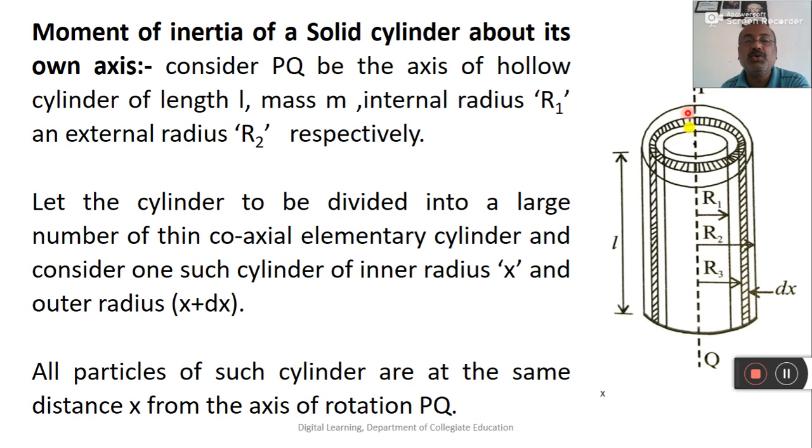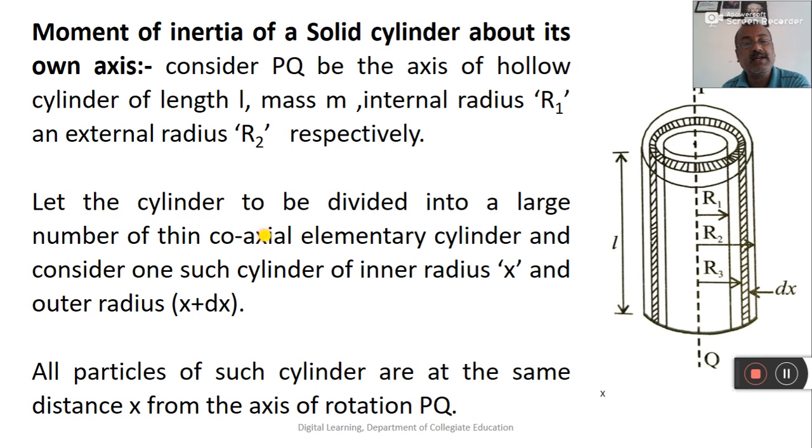Let PQ be the axis of a hollow cylinder of length L. L is the length of the cylinder, M is the mass of the cylinder, R1 is the internal radius and R2 is the external radius.